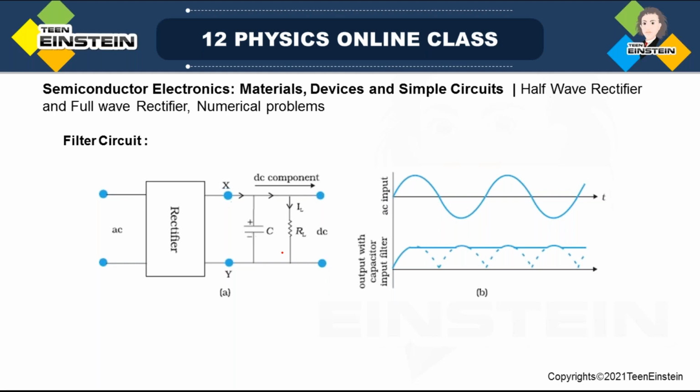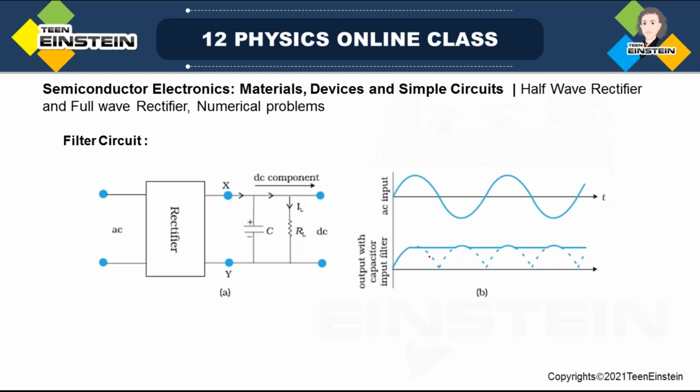You can even use RL, an inductor in series with the resistor. Here, load resistance RL, and across that, parallel to it, a capacitor is connected.